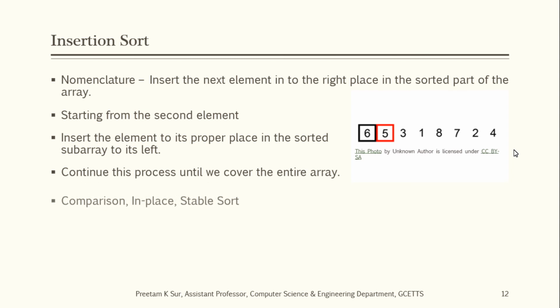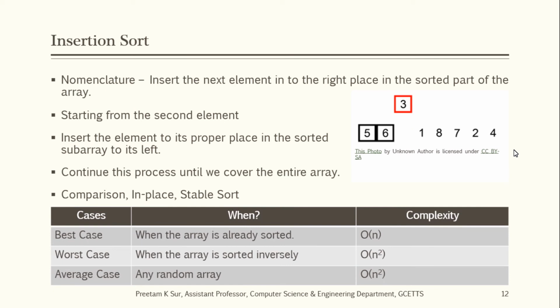Again, insertion sort is a comparison sort, an in-place sort, and a stable sort, as we have seen for the last two sorting algorithms. Now for the time complexity analysis, insertion sort performs best when the array is already sorted.